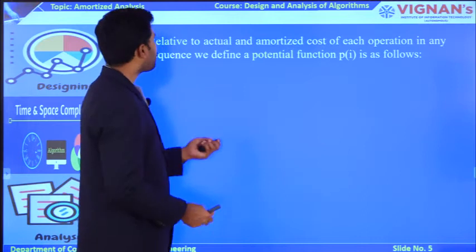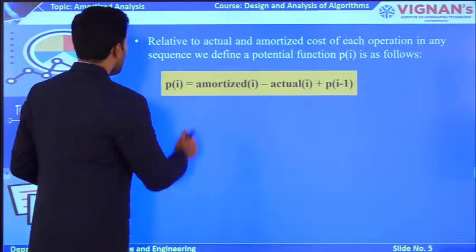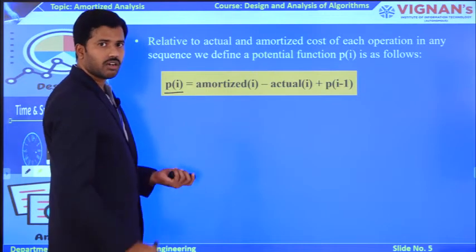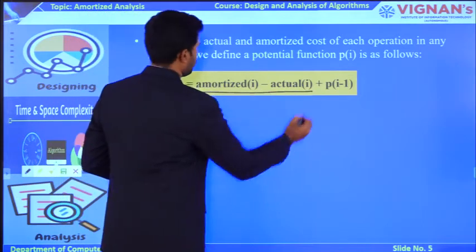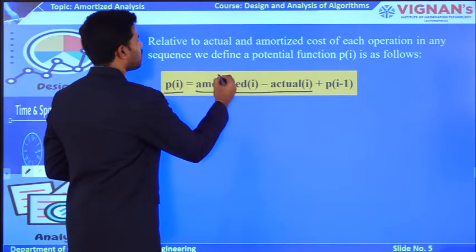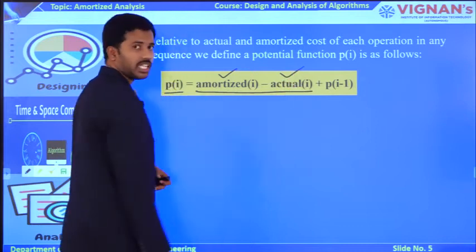Now my potential function is going to look like this. P of I is the potential function for the ith operation, and this equation you know. Just now we saw the difference between the amortized cost for the ith operation and the actual cost for the ith operation.